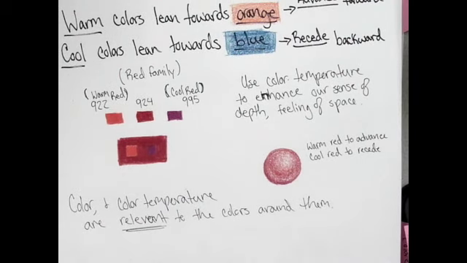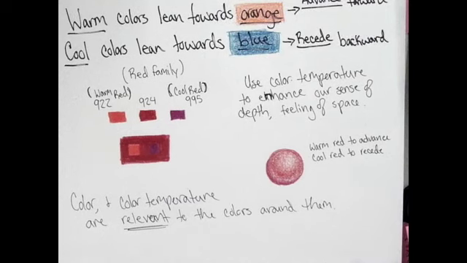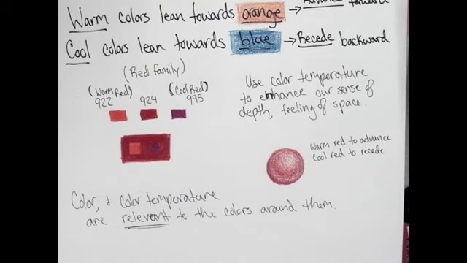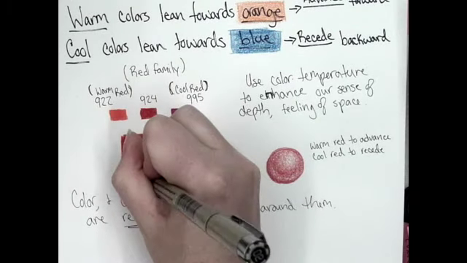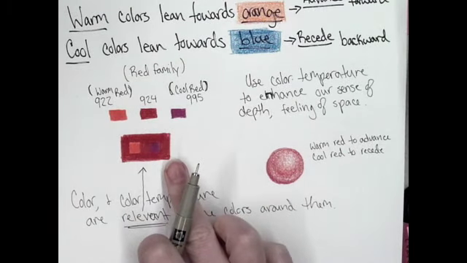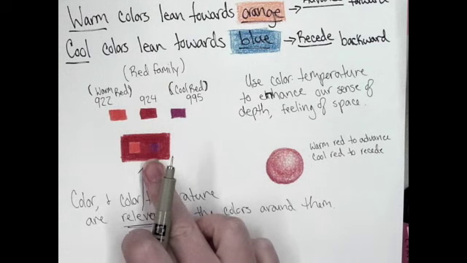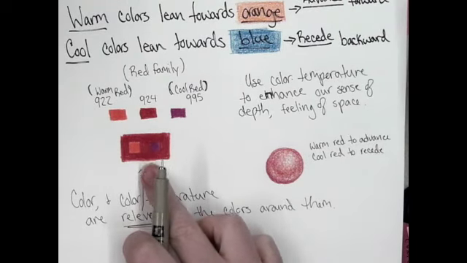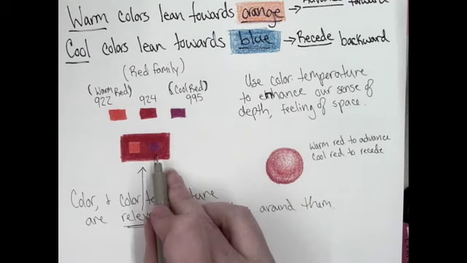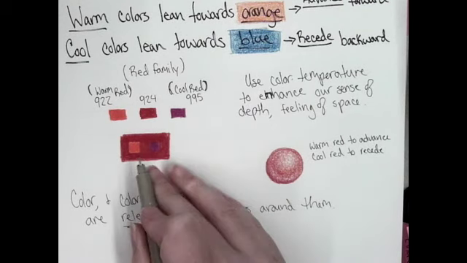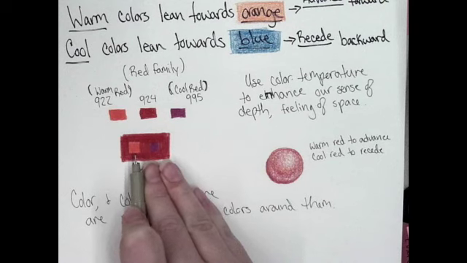While a cool color might look cool surrounded by all these warm colors, it might look warm when it's surrounded by cool colors. So in my little example up here, my middle red, my main 924 basic red, is a warm red if I compare it to the cool red. But it's a cool red when I compare it to my warm red.